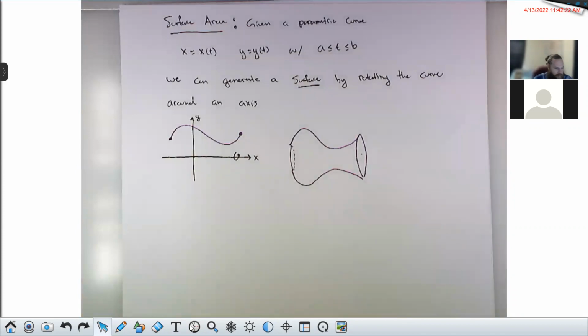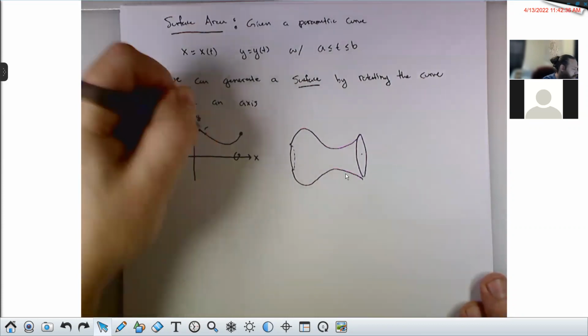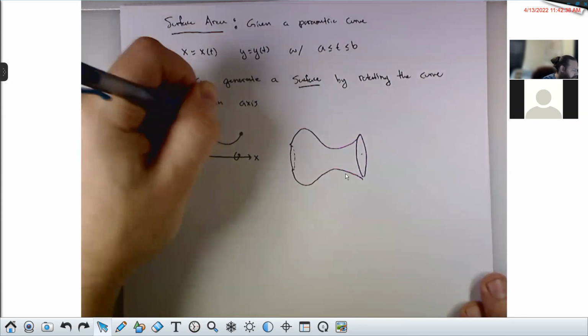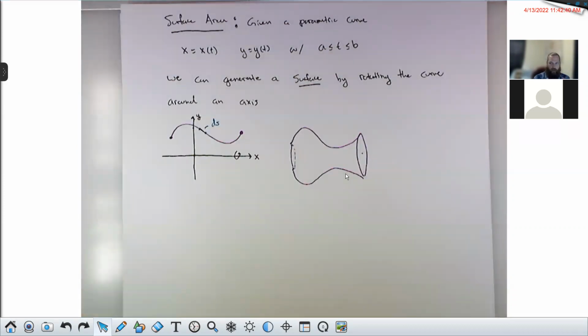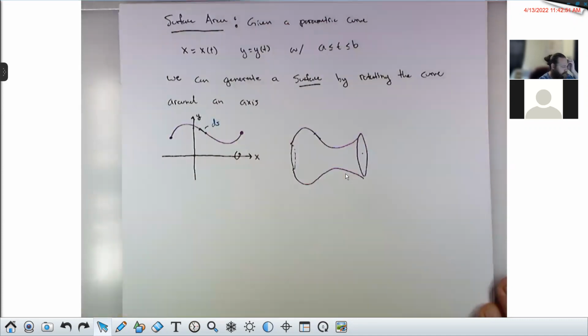And in order to find the surface area of this 3D surface, what we would do is take a little unit of arc length here, which we call ds. Like s is arc length, ds is a tiny differential piece of arc length. Over here, that corresponds to a little band.